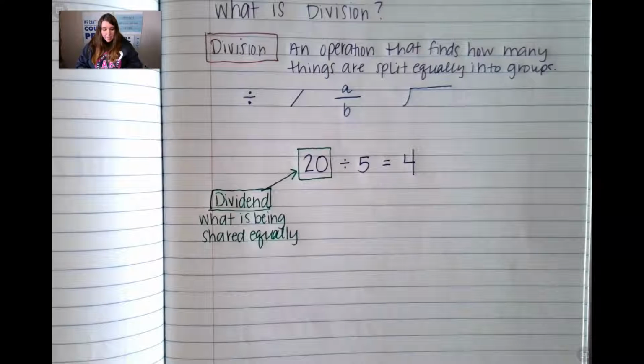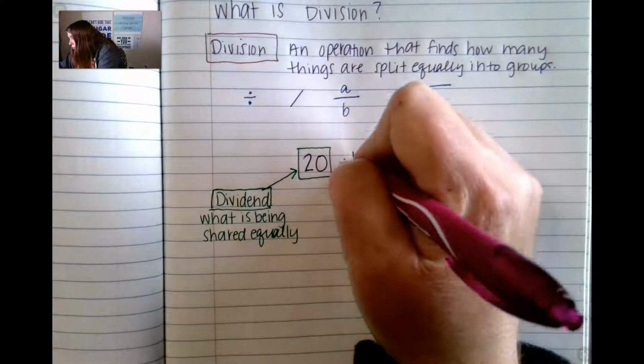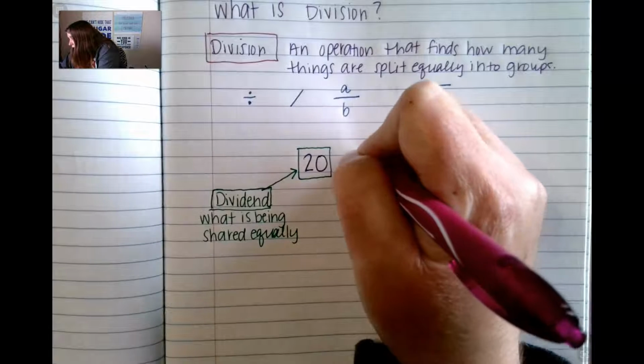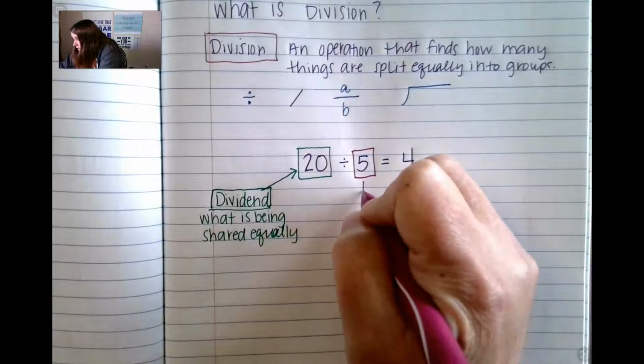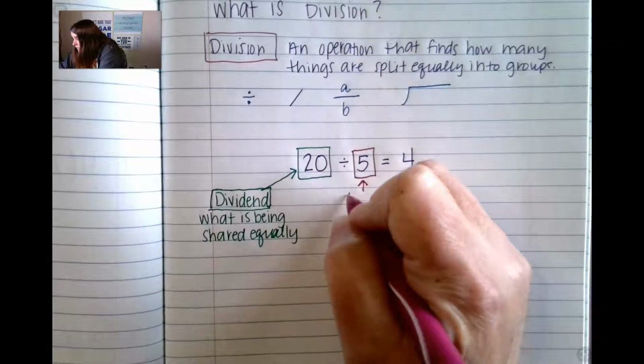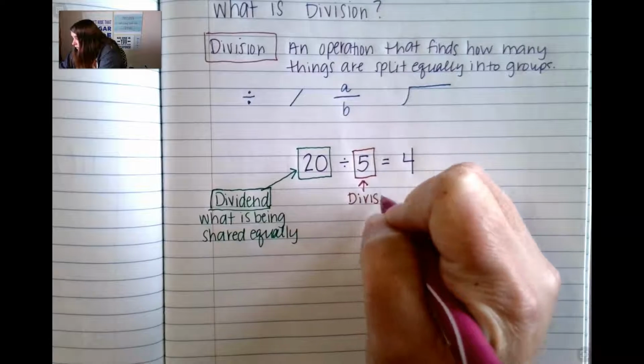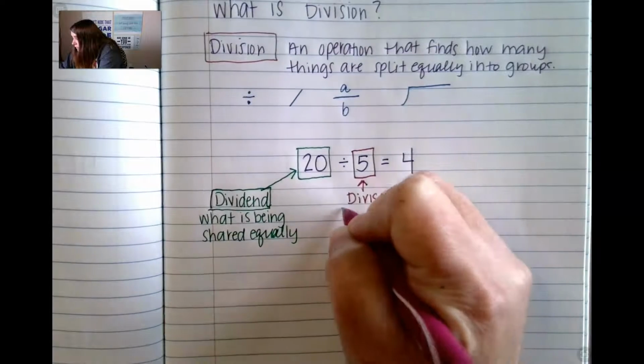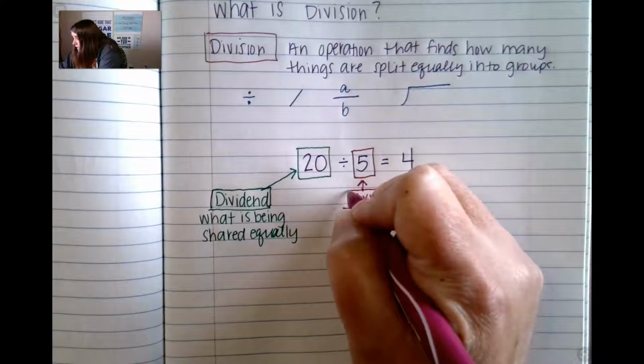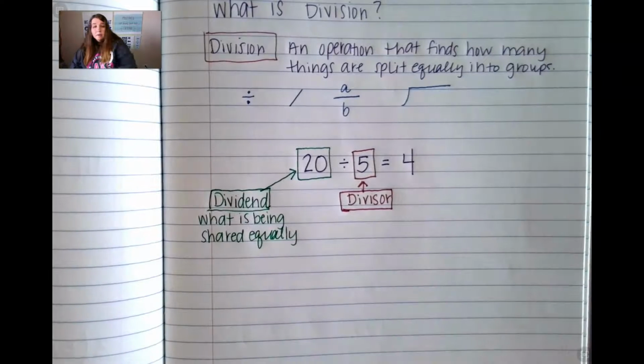All right, the next thing that we have is the divisor. The divisor is right here. This is the divisor. The divisor tells us, that looks like an R in the middle.